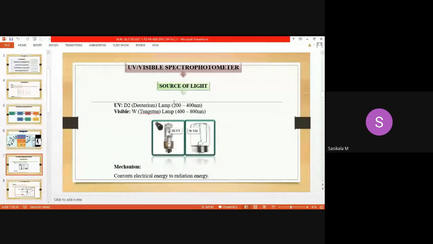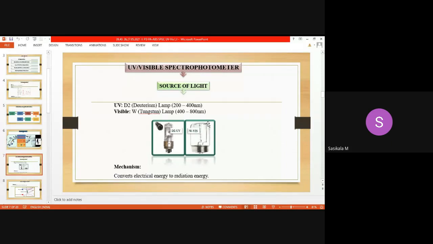nanometer. Visible radiation is obtained from the tungsten lamp. W represents the tungsten lamp. It ranges from 400 to 800 nanometers. This is the tungsten lamp, that is the visible lamp. From this radiation we could differentiate the colors.